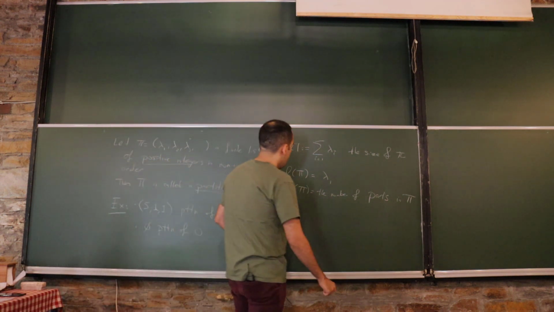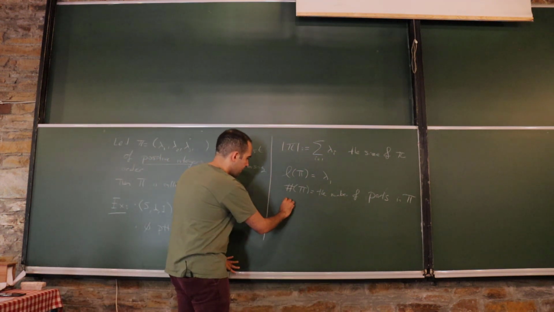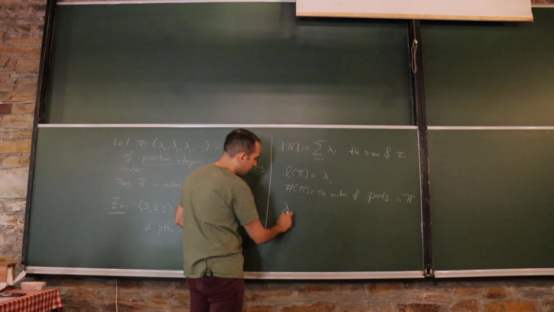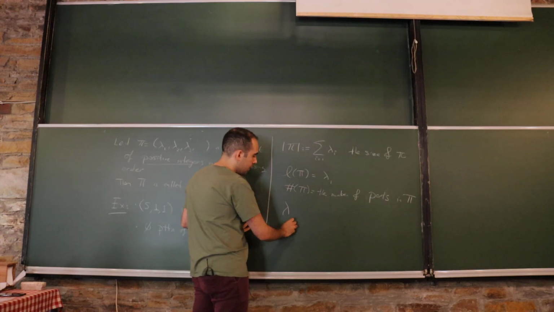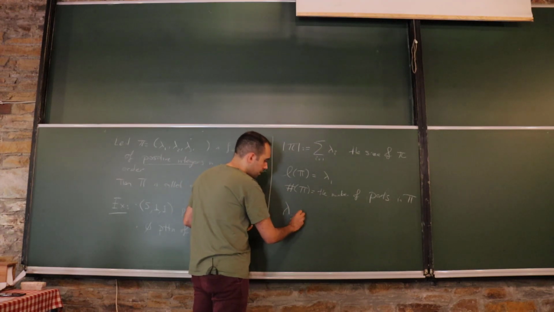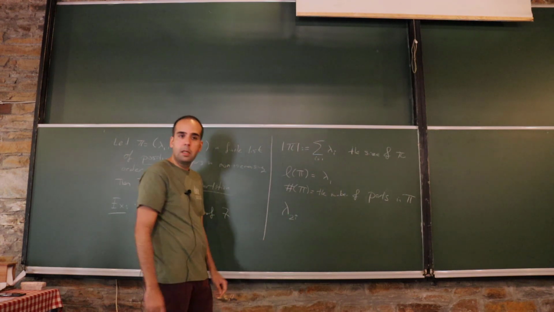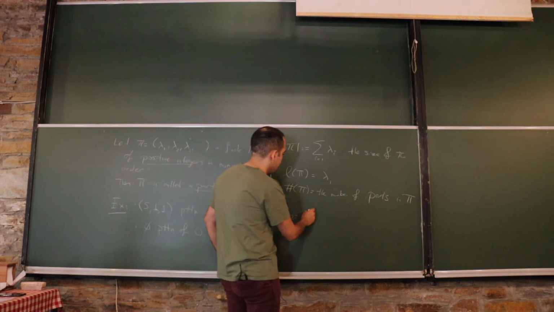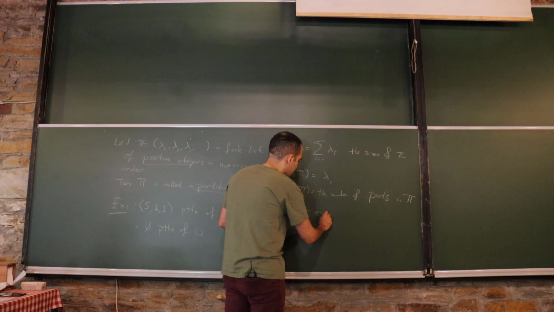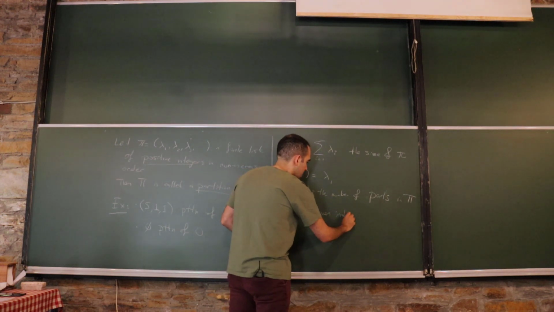And this is for the future: if the index of lambda is an even number, like lambda of index 2i, I will call it an even indexed part.